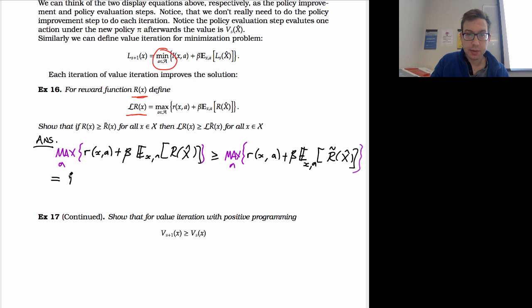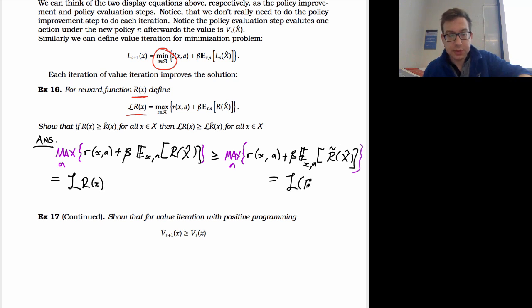And that is equal to script L of R, and that is equal to script L of R tilde. So in other words, that remains bigger than that.